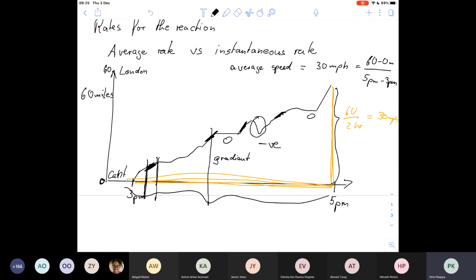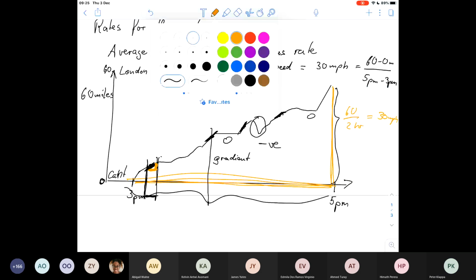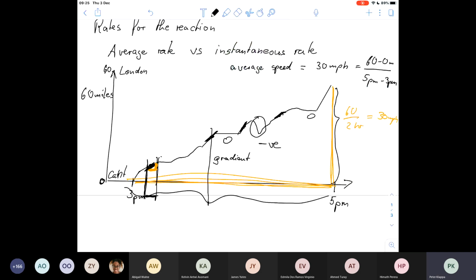We take this small slice of the time and look at how far we actually have traveled in this time. So, for example, instead of 2 hours, we look at 10 minute intervals.